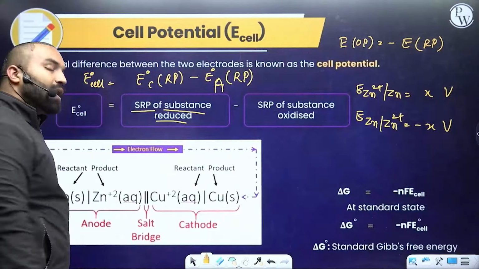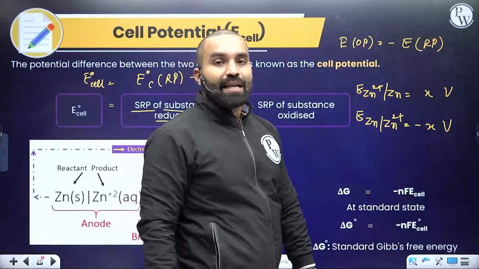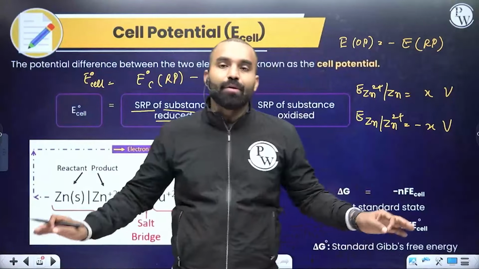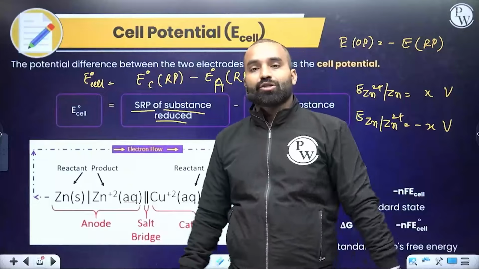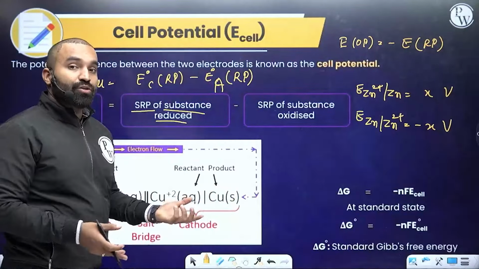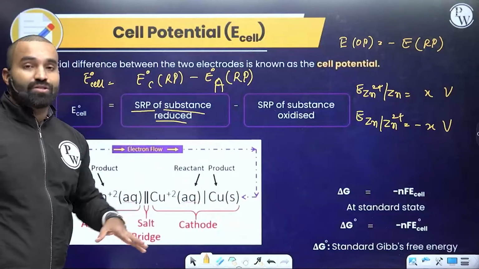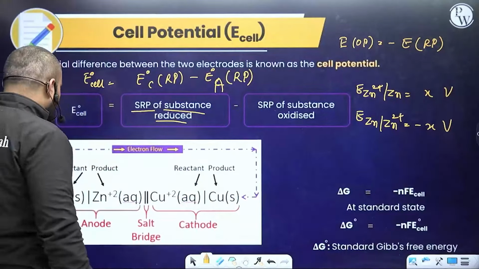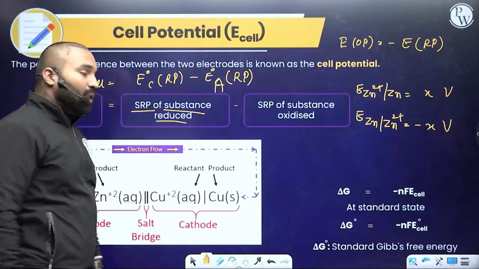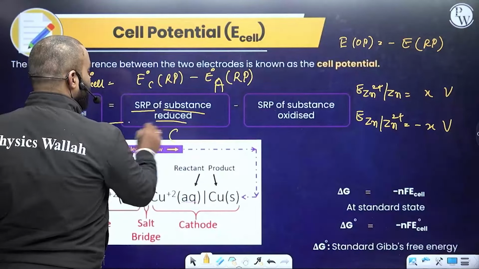This is the thing I was telling you, that we need to learn how to represent a cell. The cell notation, extremely important. Every year they ask you this question. They will either give you a cell and ask you to represent a notation, or they will give you a cell notation and ask you to write the reactions. Clear ho gaya? Now, on the left hand side, always the anode.